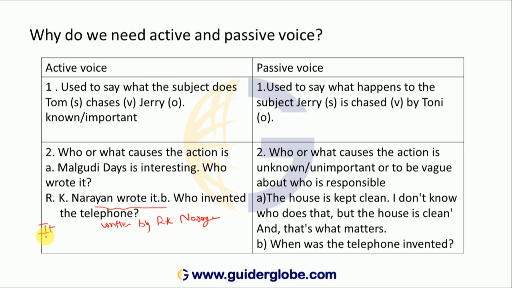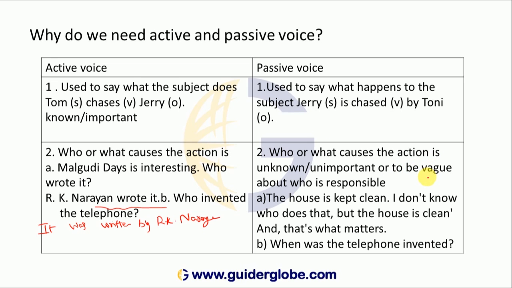Then it refers to singular. Wrote is past tense, so I will put was. It was written by R.K. Narayan. That is, the Malgudi Days book was written by R.K. Narayan. Here, who or what causes the action is unknown, unimportant, or to be vague.